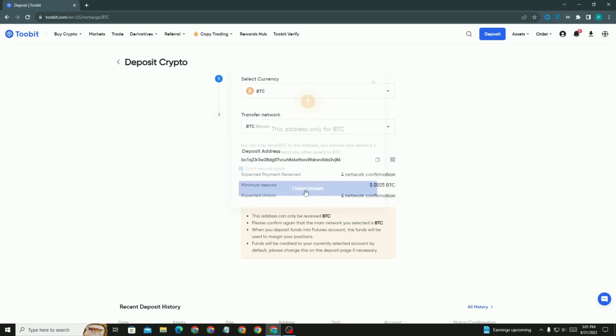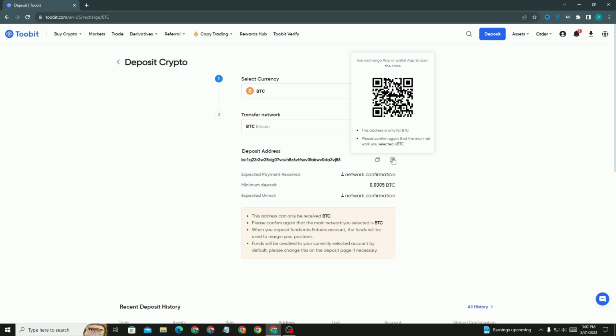Here you can see how you can deposit crypto. You can see the currency BTC here, and please read the guidelines. If you want to select the currency Bitcoin and deposit Bitcoin here in the Toobit platform, then you can simply do it as it is.